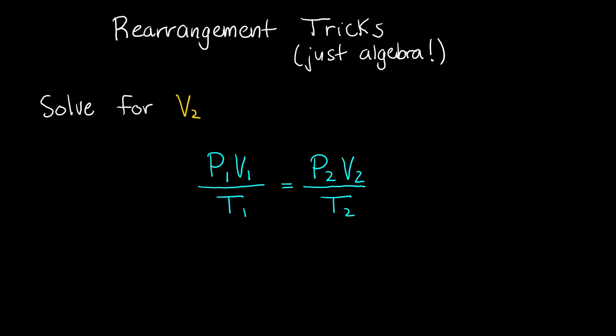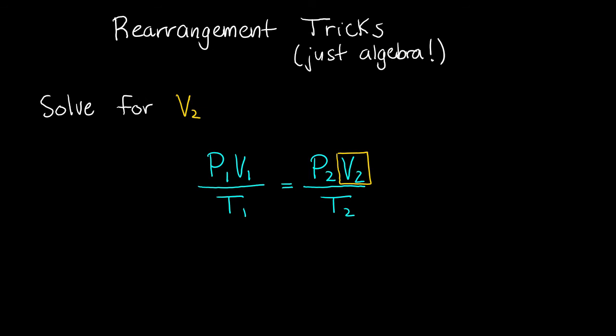Rearranging the combined gas law is simply algebra. If we're tasked with solving for the final volume given other information, we need to solve for this V on the right, which lets me know that you need to get rid of all of the variables on the right that are not V. One simple trick is to move things to the opposite side, both of the equal sign and of the fraction bar.